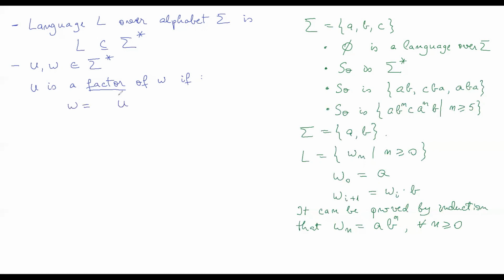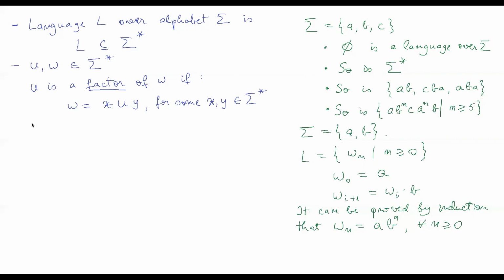So w is of the form x, u, y for some x and y in sigma star. So somewhere inside word w, you find the word u. In this case, you are going to say that u is a factor of w.